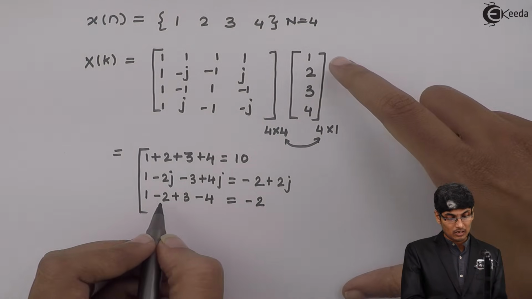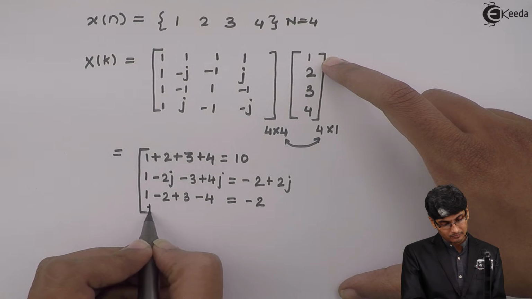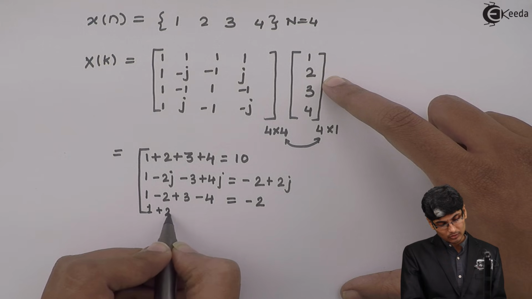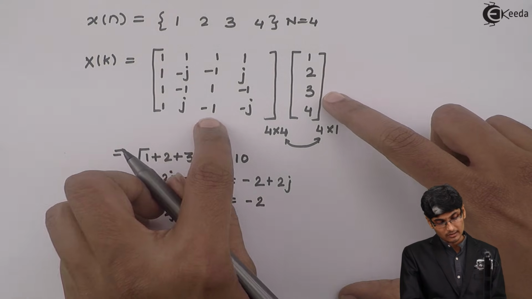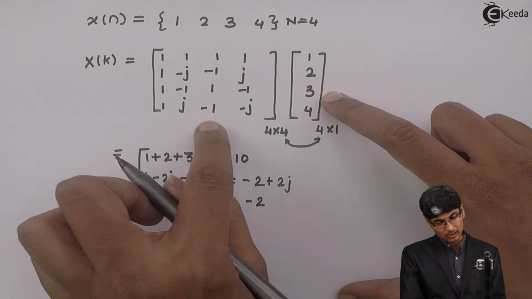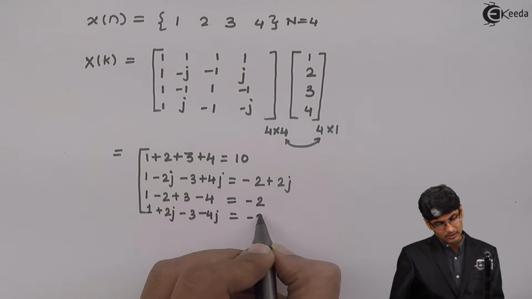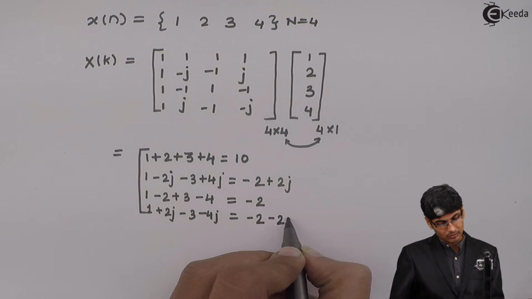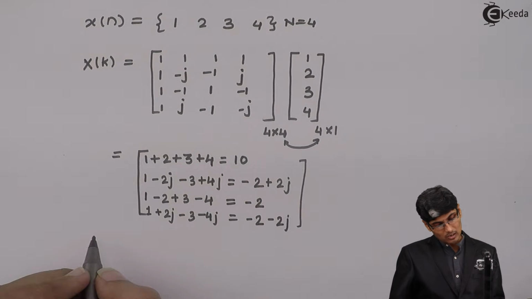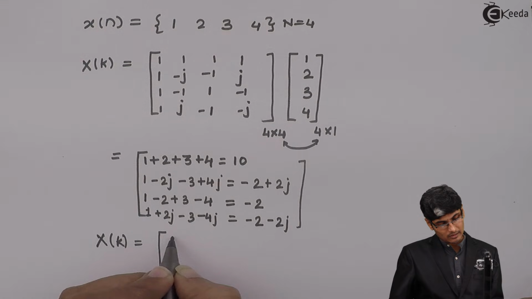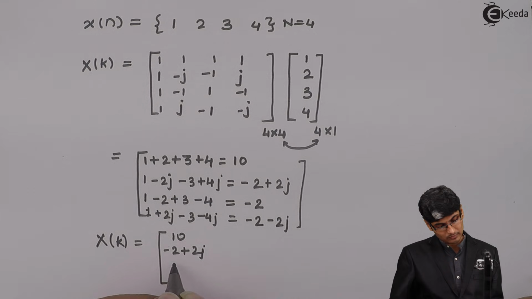And lastly, we will have 1 plus 2j minus 3, and then lastly minus 4j. So this will come as minus 2 minus 2j. So the final answer of x of k is 10, minus 2 plus 2j, minus 2, minus 2 minus 2j.